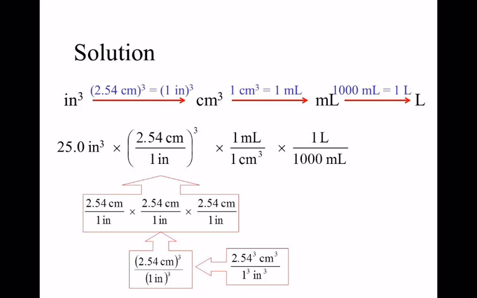So like I said, my favorite part is canceling my units. Inches cubed are canceled, centimeters cubed are canceled, milliliters have canceled, and we have units of liters, which are terrific. There is no uncertainty brought by the milliliter centimeter relationship. There's no uncertainty brought within the metric system.